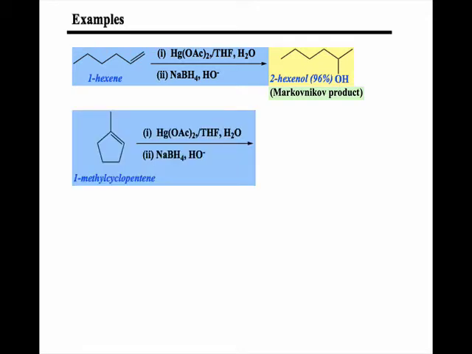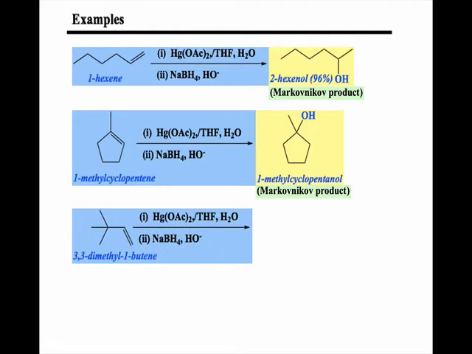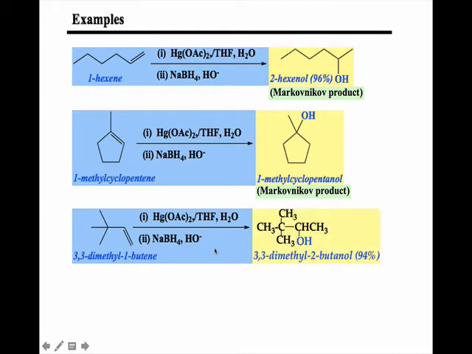You can take mercury acetate and sodium borohydride in the oxymercuration-demercuration sequence with 1-methylcyclopentene, and again get the Markovnikov alcohol in very good yield. It's essentially quantitative. Here we have the situation where we have 3,3-dimethyl-1-butene. Now, the interesting thing about this is it works very well.